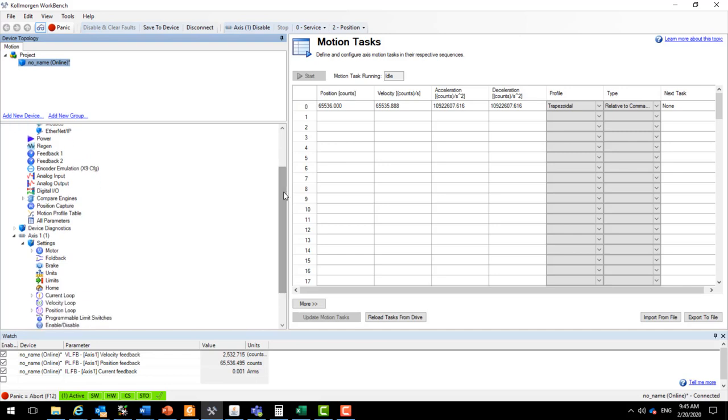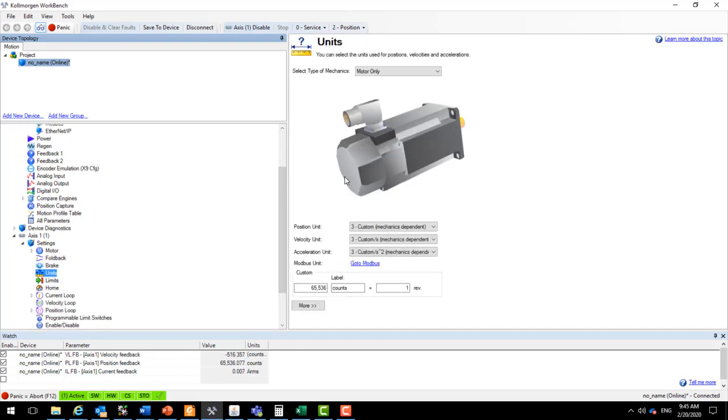Let's suppose that I decide not to use the best practices, and let's suppose for a moment that I have a 1-inch ball screw, but I'm going to work in millimeters. So I have 25.4.